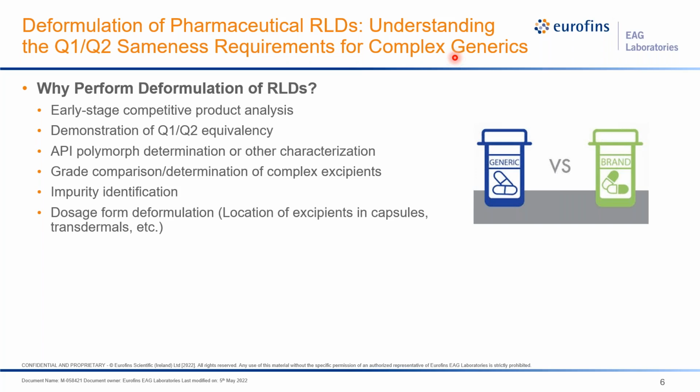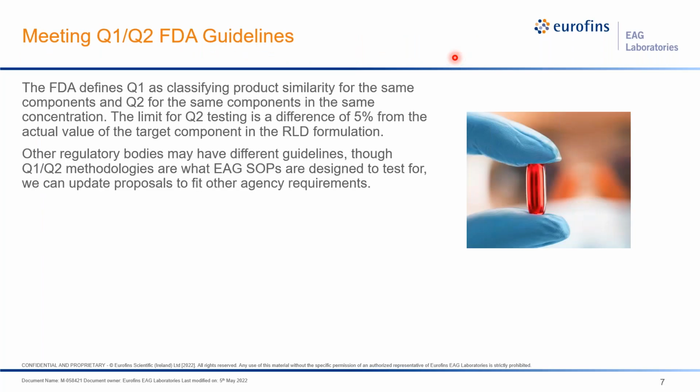We can look at different dosage forms to understand how they are different, and so on and so forth. So there's a lot that goes into these Q1, Q2 projects, but there's more that we can do to help. When we talk about what Q1 and Q2 are, Q1 means the sameness of components.